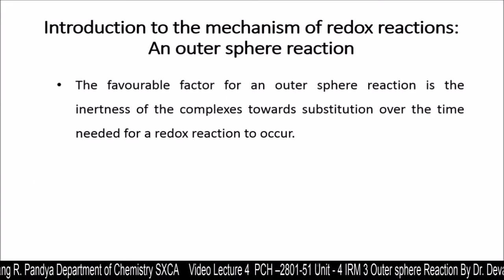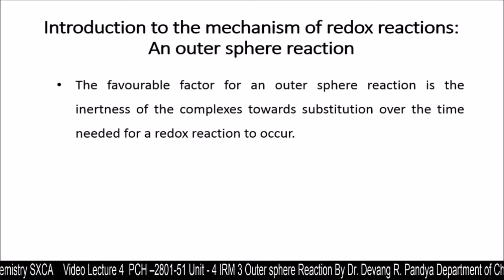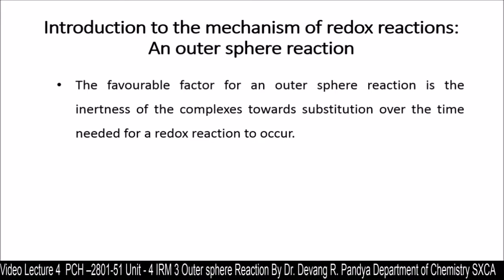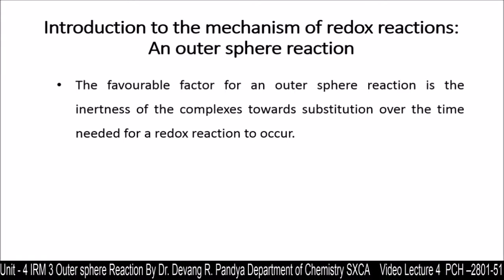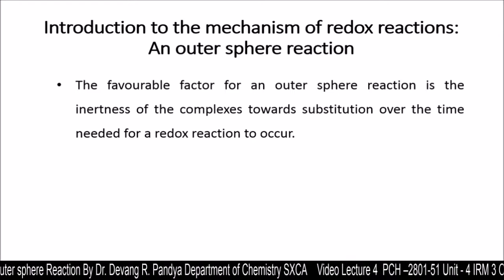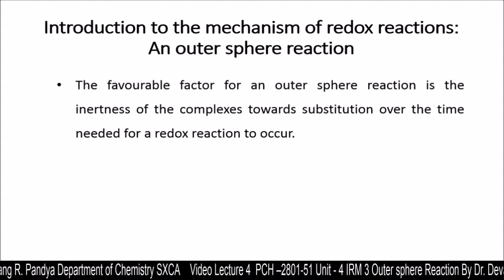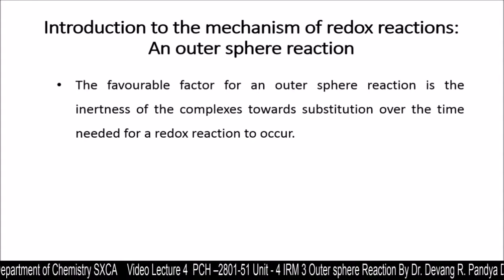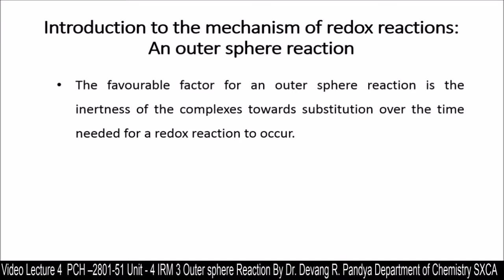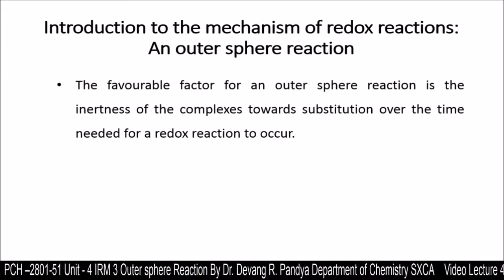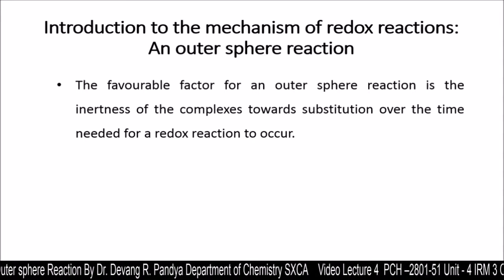The favorable factor for an outer sphere reaction is the inertness of the complexes towards substitution over the time needed for a redox reaction to occur. So this condition should be there: the outer sphere of each complex participating in the redox reaction must be inert towards substitution over the time needed for the redox reaction.